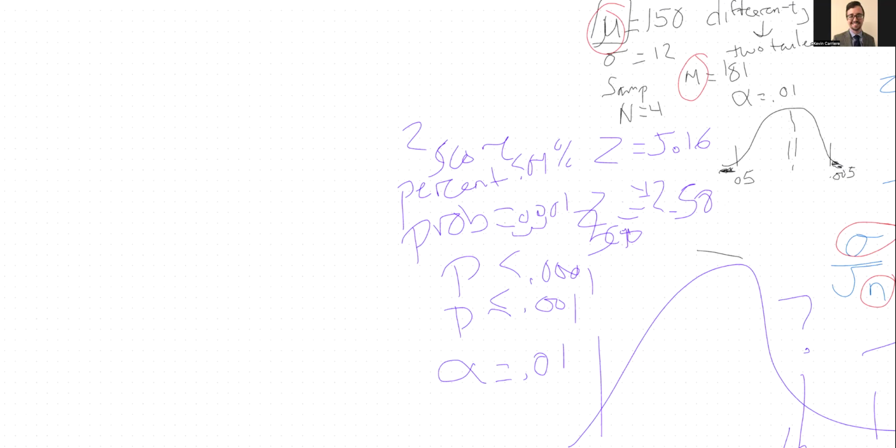So what is the definition of a p-value? What do I think P stands for? We just solved for P here. What did that P represent? What kind of P? Probability, all right? So the probability, in science, we do what?